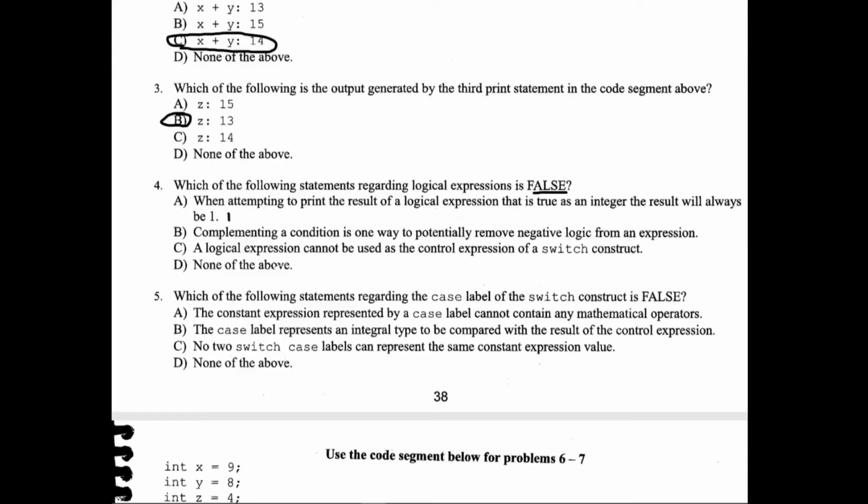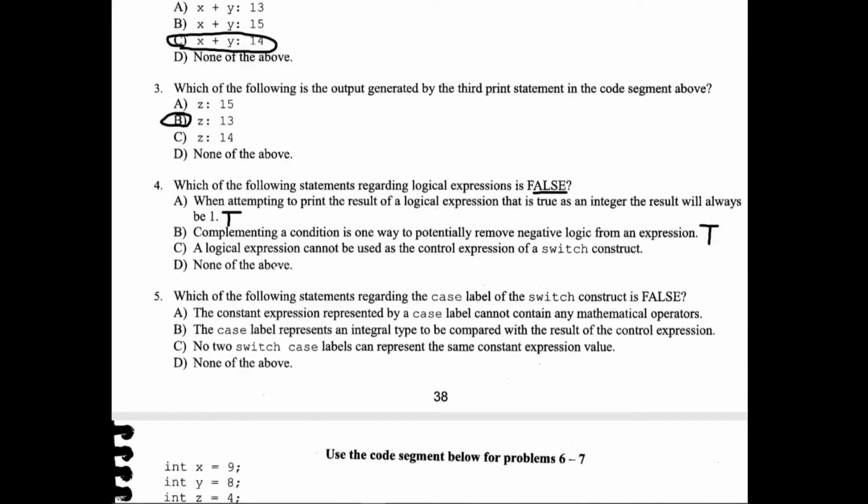So that is not our answer. Complementing a condition is one way to potentially remove negative logic from an expression. That's true. Complementing is equivalent to having an exclamation point, having negative logic, so you can use that to remove negative logic.